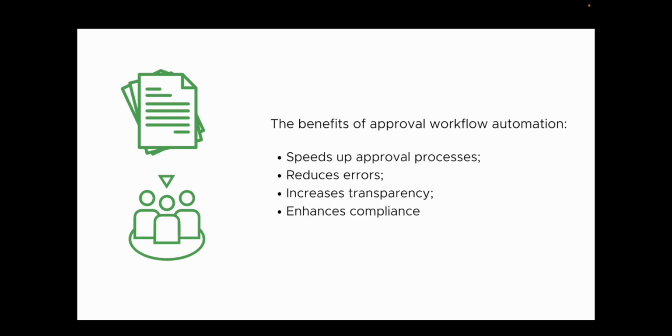And process automation addresses all of these challenges, and it speeds up the approval process. It follows the procedure precisely every single time, and all the requests are logged, which makes the process transparent and compliant. So it's a massive win for all the parties involved.